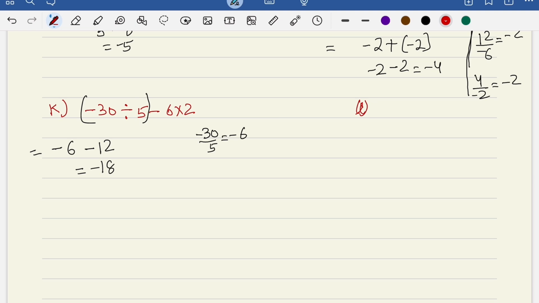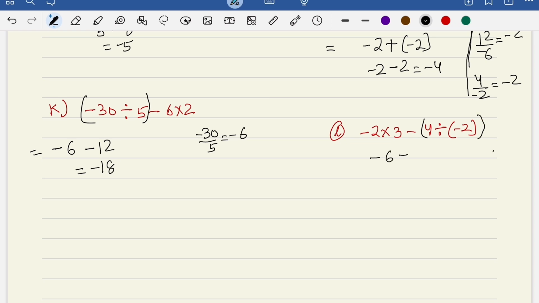Next part. L, it would be minus 2 times 3 minus 4 divided by minus 2. Minus 4 divided by minus 2, we can do that first.